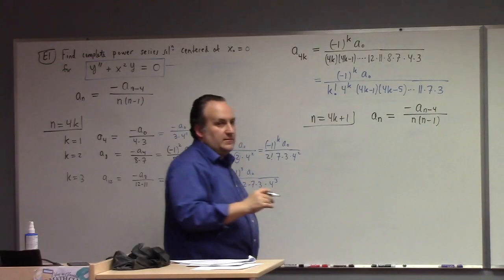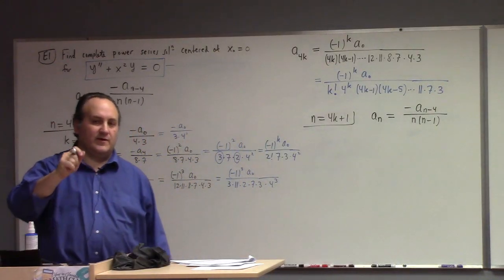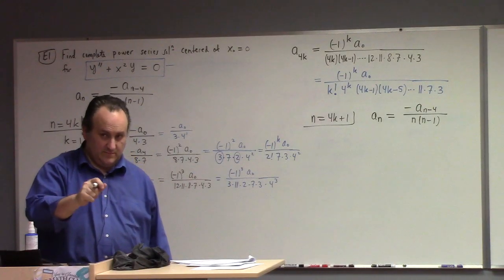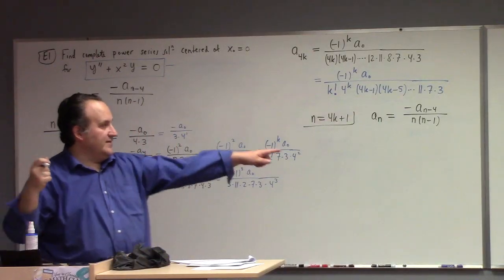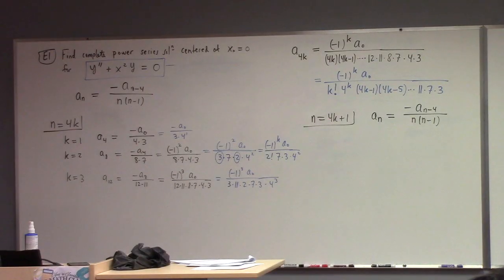By the way, think about this. If we had not rewritten our recurrence relation from the way it originally came to us, imagine if we did all of this through the lens of the formula a sub j plus 2 is equal to minus a sub j minus 2 divided by j plus 2 times j plus 1. That would have been much harder. Don't ignore that step.